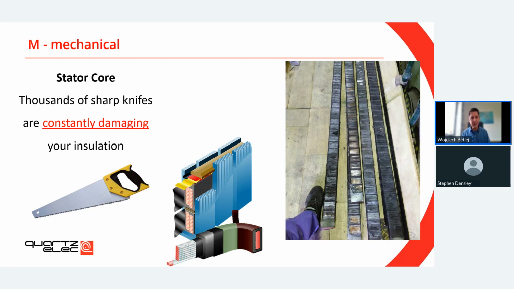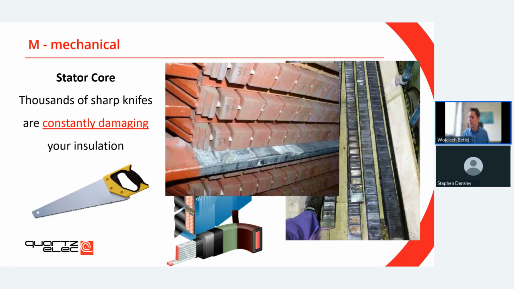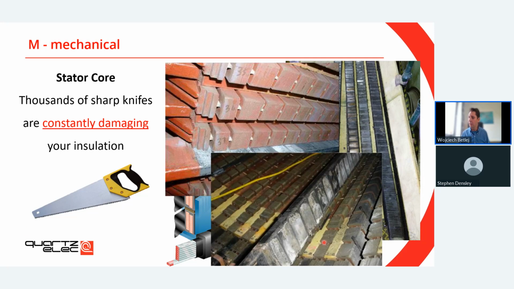So you see examples of stator bars removed from the stator slot with a visible partial discharge on the surface of the stator bar. And then another good example. That's what happens when you have an air gap between the side of the stator bar and the core.